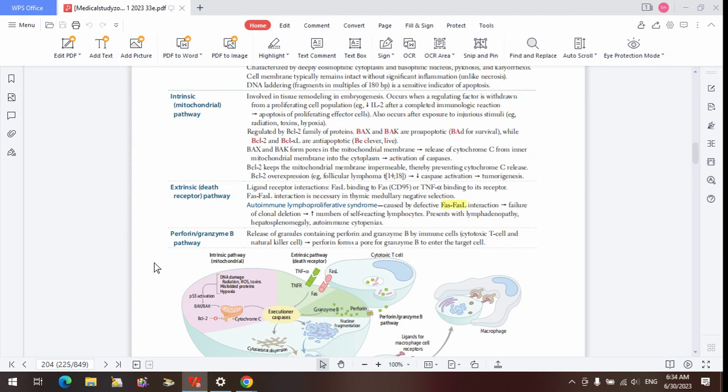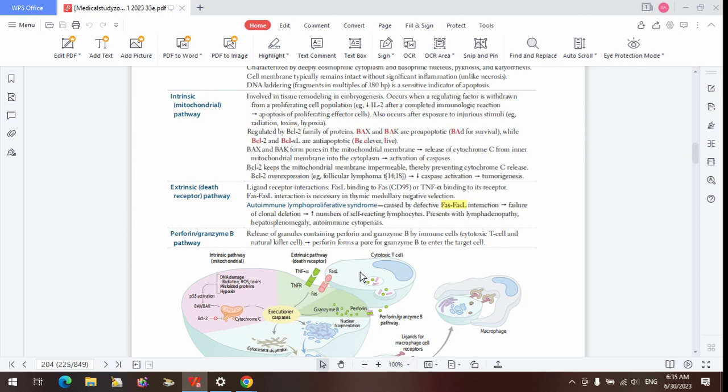So how do they work? The cytotoxic T cell can bind to any cell it wants to destroy via the FAS ligand, and it can kill off that cell through the FAS interaction. But in addition to that, it can also use this perforin granzyme pathway.